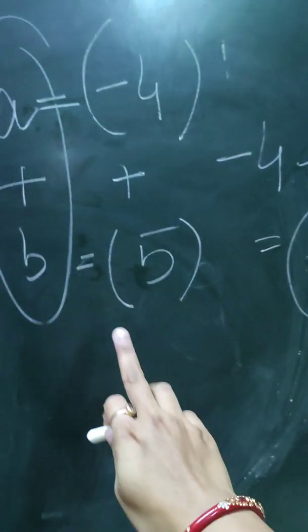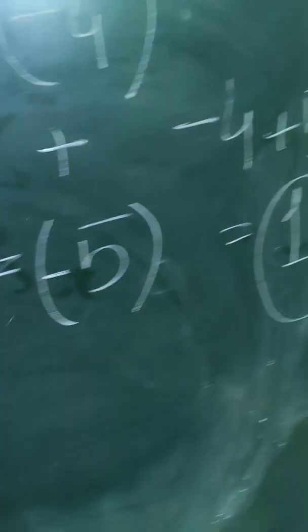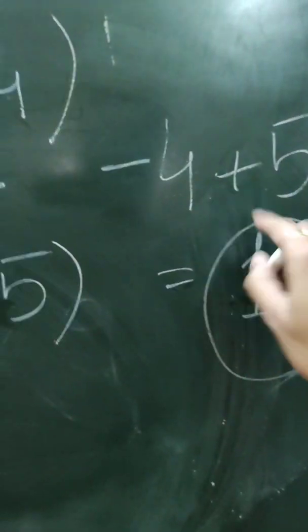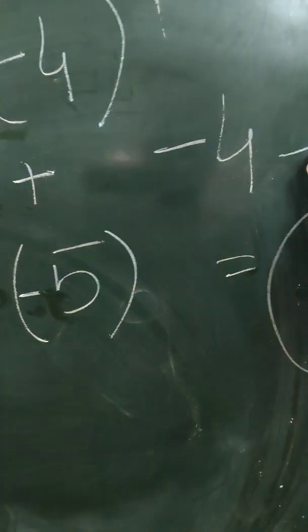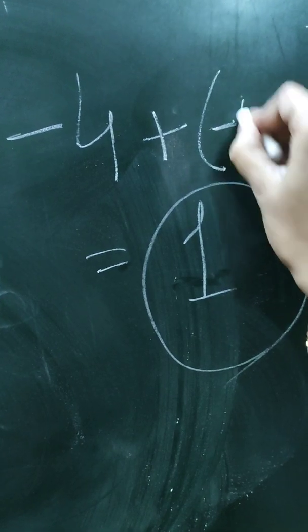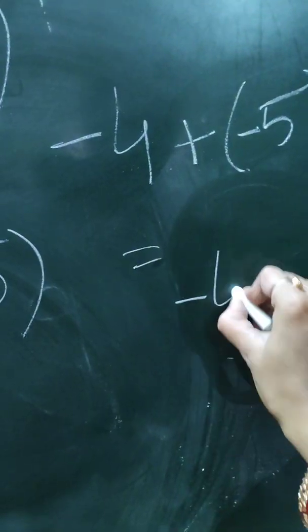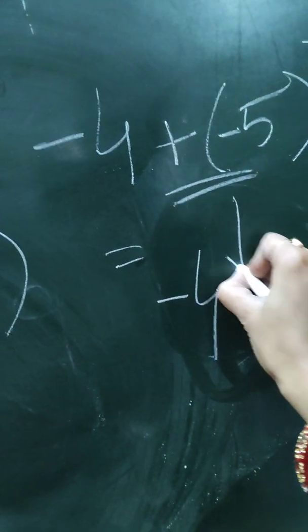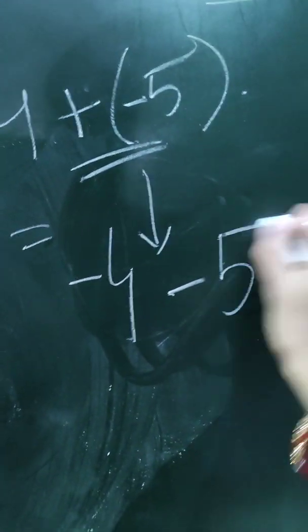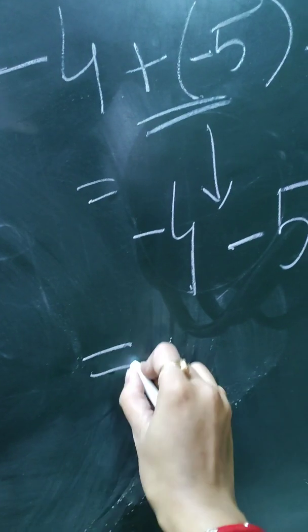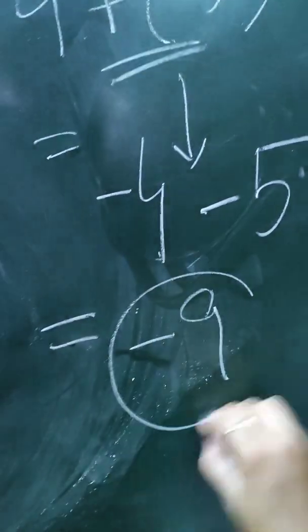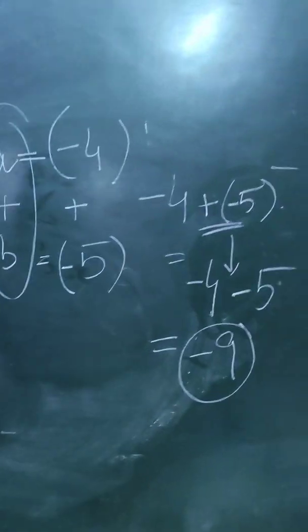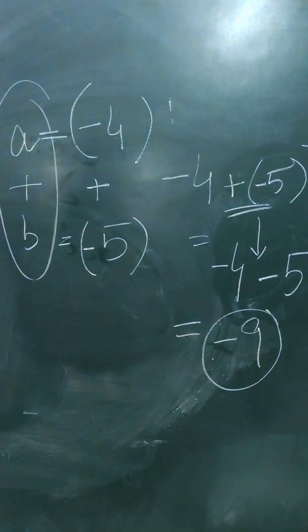For example, instead of 5, I could have taken minus 5. So over here I would write plus minus 5. And as per the rule of change of signs, minus 4 plus minus 5 is designated as minus 9, and minus 9 is also an integer. Hence this proves the closure property of integers.